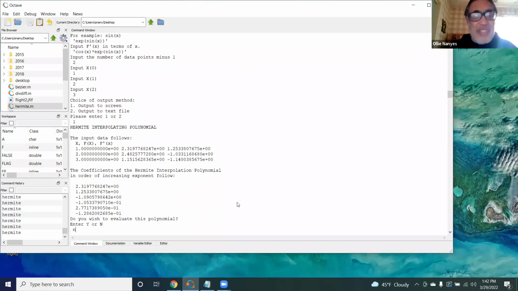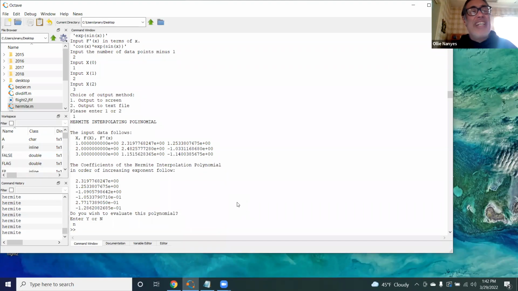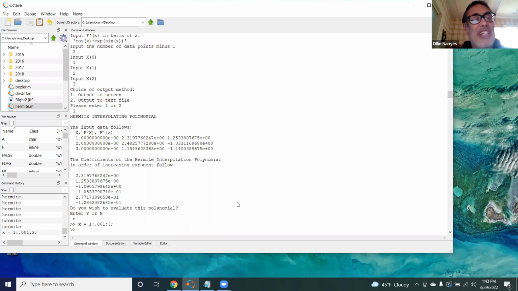We don't want to interpolate this, but let's go ahead and plot this with Octave. In this case, our nodes run between 1 and 3, so let's use a variable x equals 1 colon 0.01. 0.01 will work fine. That just sets the variable.